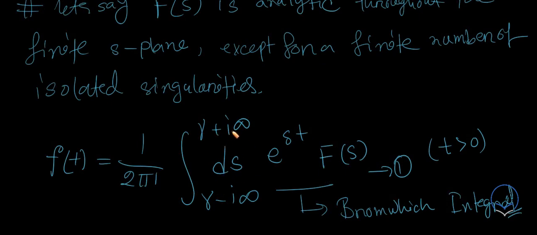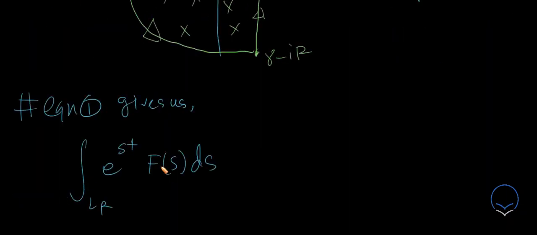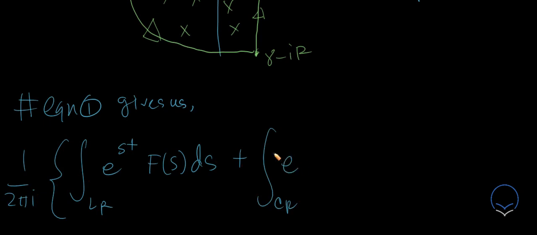I forgot to mention the ds, and why this 2 pi i is over here will be apparent a bit later, so have patience. Right now we are just considering the contour over here, and you can obviously go for this 2 pi i as well, right? And then on the semicircular arc we can write this e to the power st F(s) ds, right?